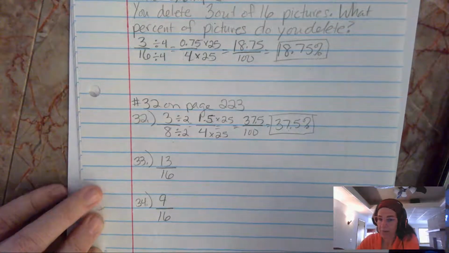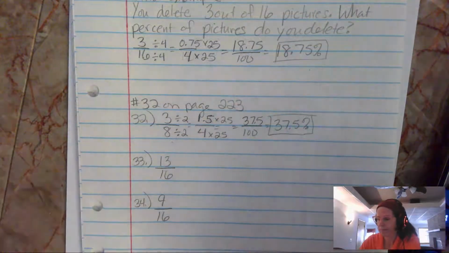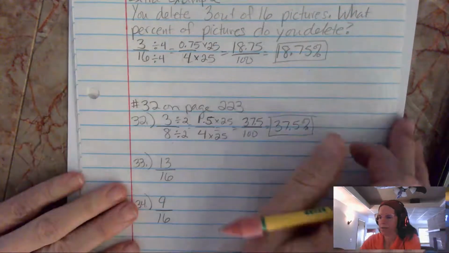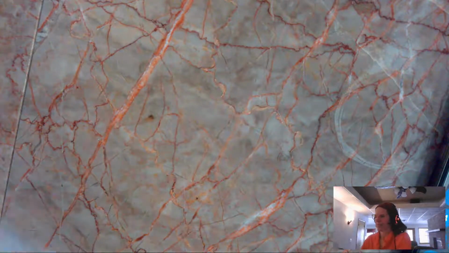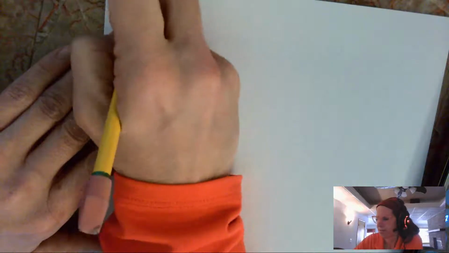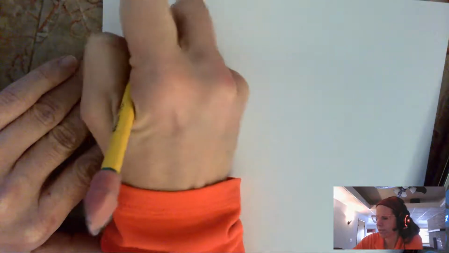Now there's another way you could do this that might save a step, if you're good at flipping numbers around and you understand something about fact families. So I'm going to show you another way to do that same problem. This is method 2 for number 32.